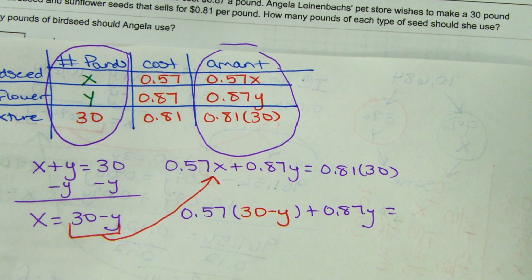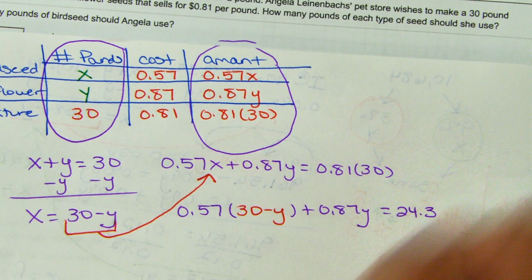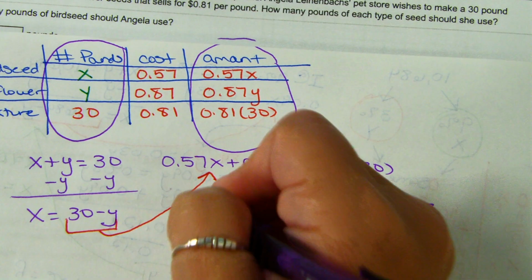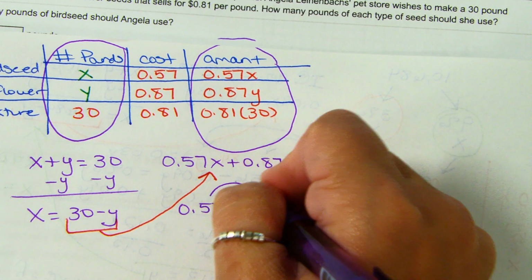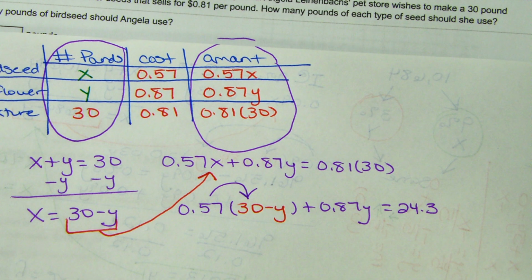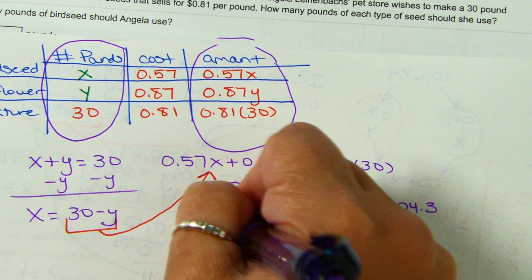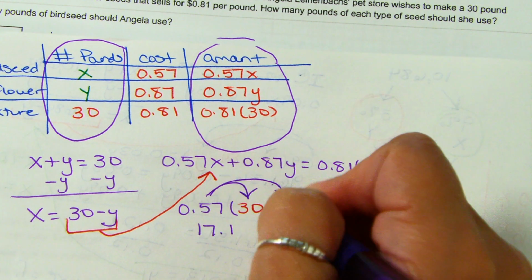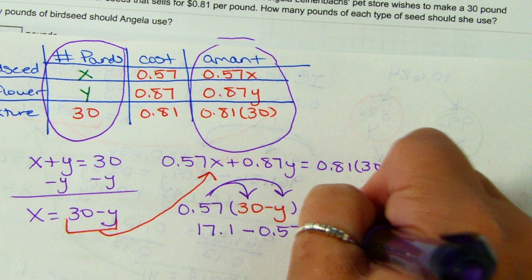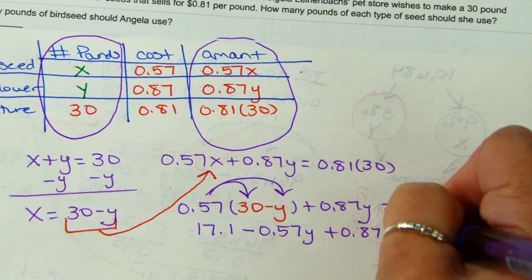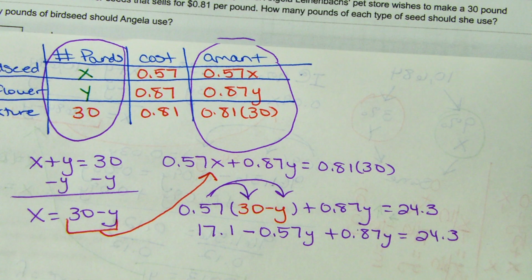That'll give me a 17.1, and I take 0.57 times the negative y, so it's negative 0.57y plus 0.87y equals 24.3. I do have some like terms, negative 0.57y plus 0.87y, so I have 17.1 plus 0.30y equals 24.3.